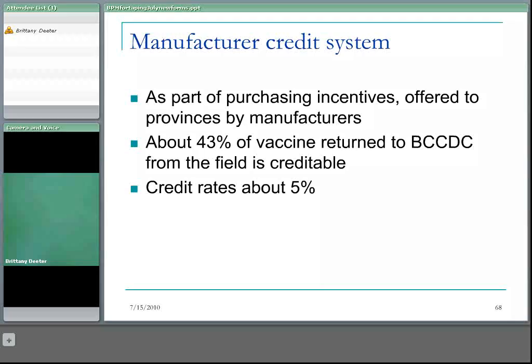Or did we accidentally miss entering a huge pile of data for some reason? Or were the shipped vaccine numbers wrong? There's all sorts of things that can happen. And by getting vaccine harvested back, so pulled out of doctors' offices, back to the health unit, from the health unit back to the BC Centre for Disease Control, we can have a good sense of what wasn't used or what wasn't given, basically.